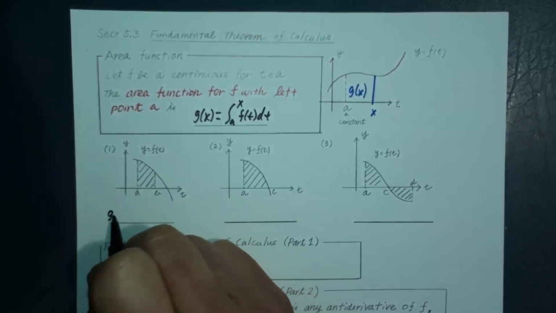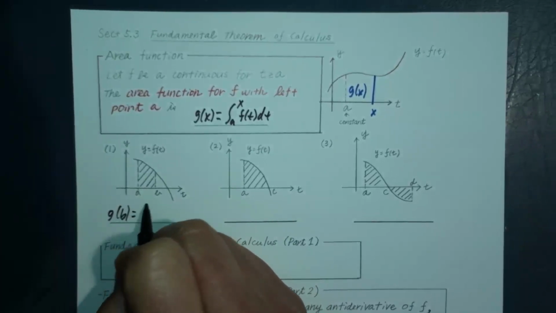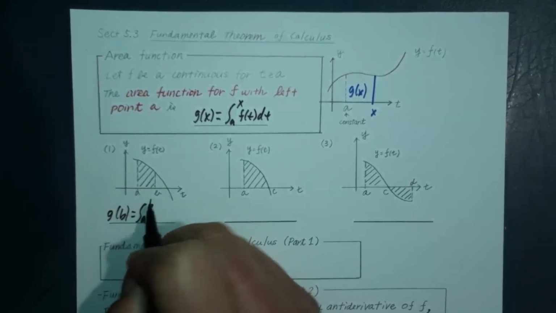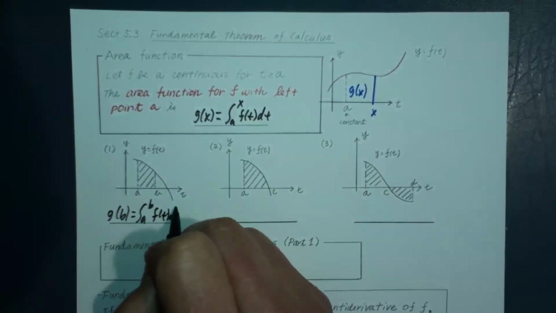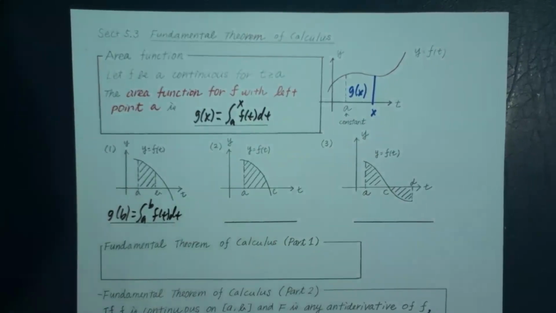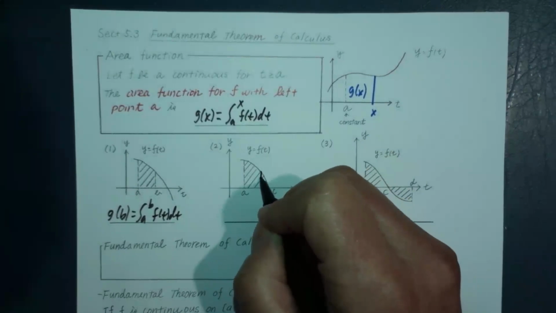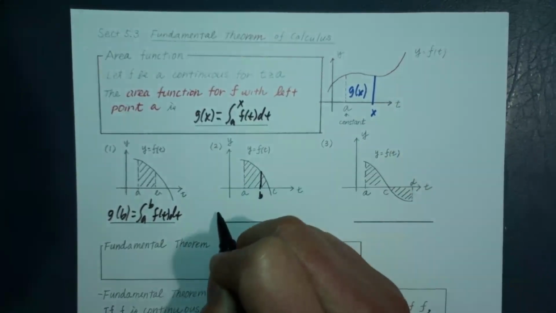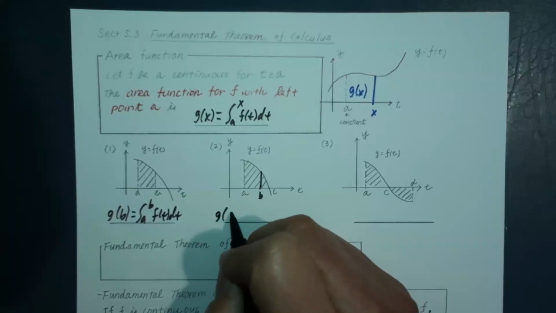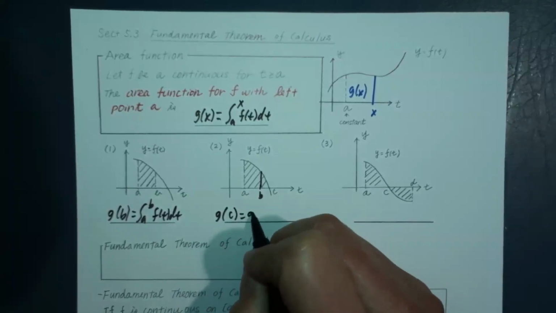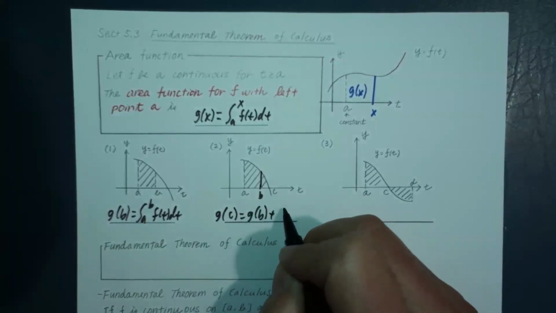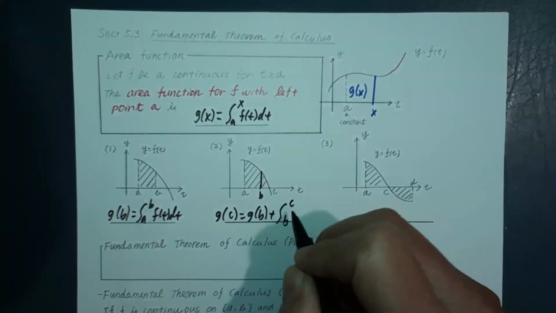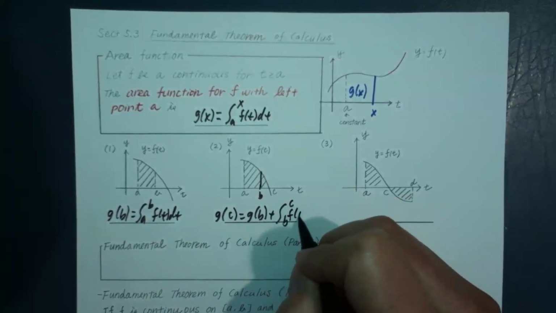So g of b will look like this, the integral from a to b. So x is our b now, of f of t dt. And then what we're going to do is, here's b again. So g of c is now going to be g of b plus the integral from b to c, f of t dt.